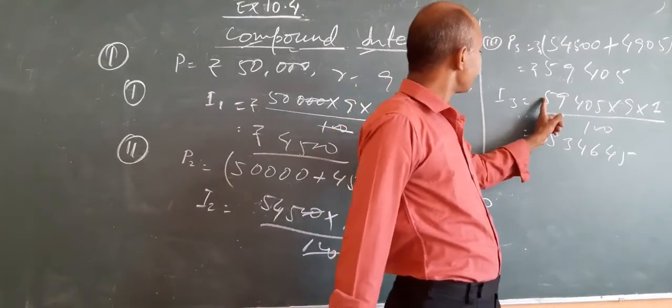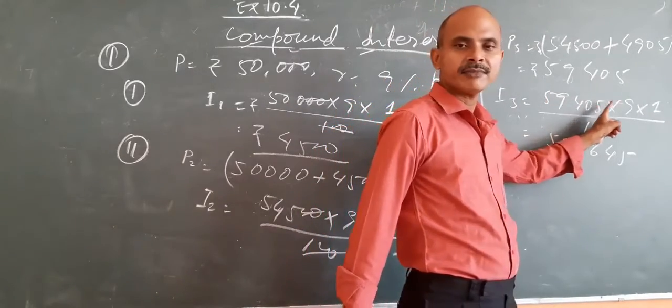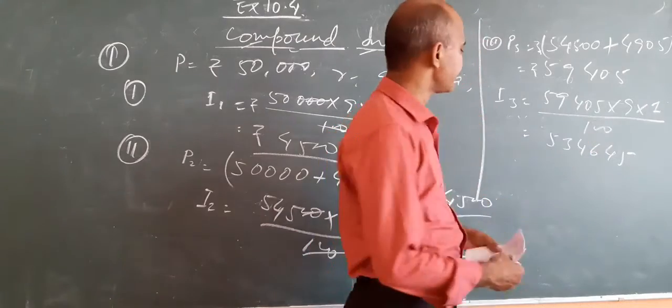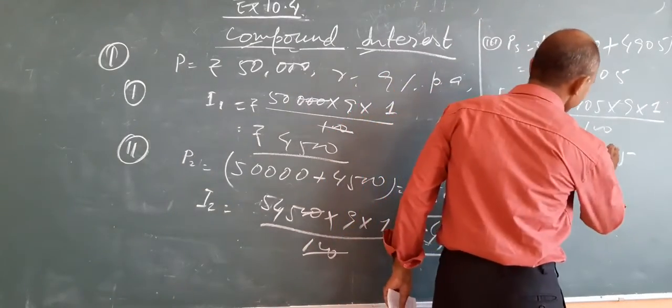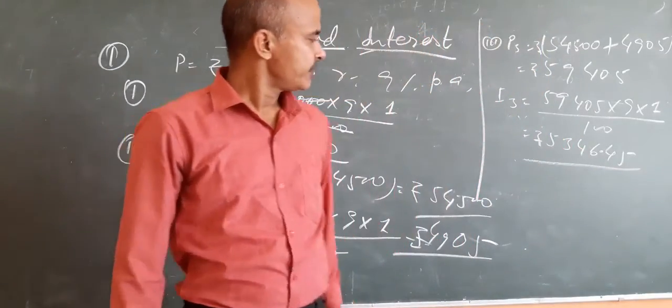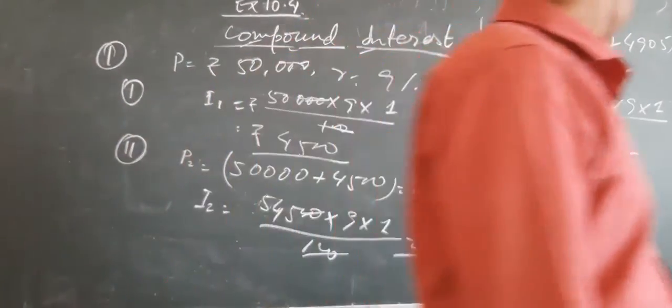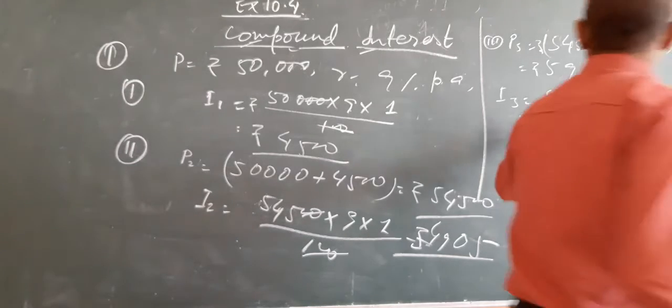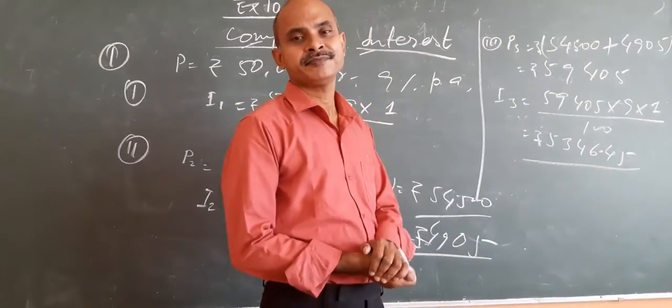This amount is divided by 100. What will this 100 do? It removes two zeros. So the interest for the third year is 5,346.45. This is the interest for the third year.